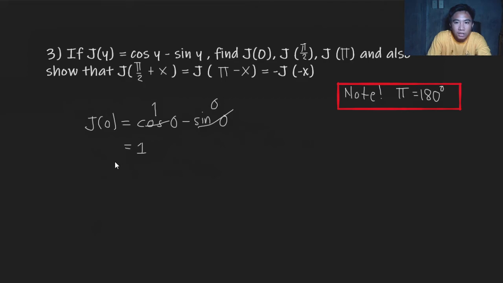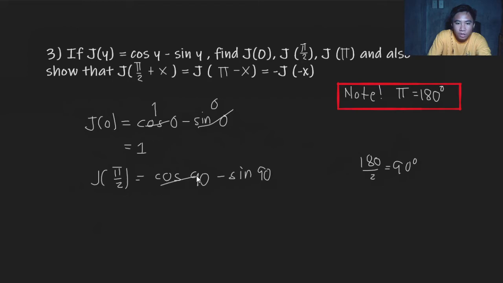Next is j of pi over 2. Kung 180 yung pi, divided by 2, we have the angle 90 degrees. Just by substitution, cosine 90 minus sine 90, which is 0 minus 1. So, our answer is negative 1.